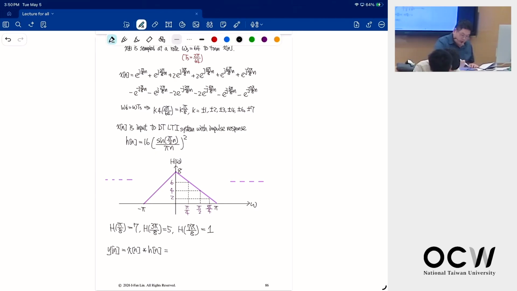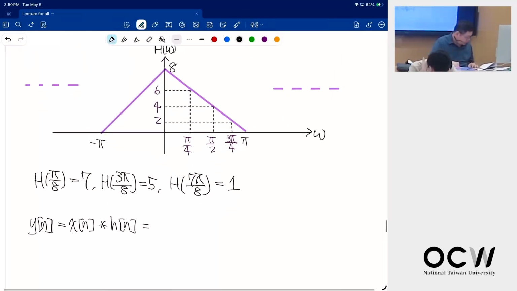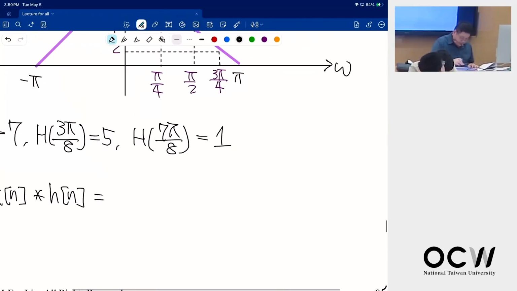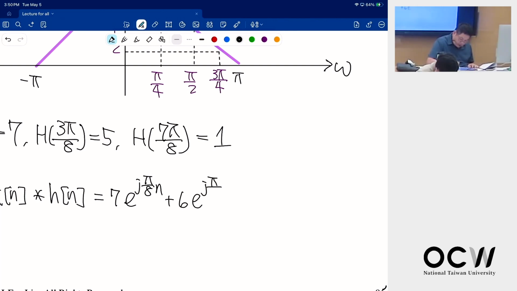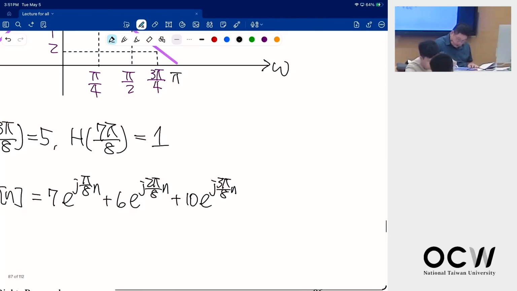Okay, so let me just write down the answer first. 7 e to the j pi over 8, and we have 6 e to the j pi over 2 pi over 8. And we've got 10. And 8.